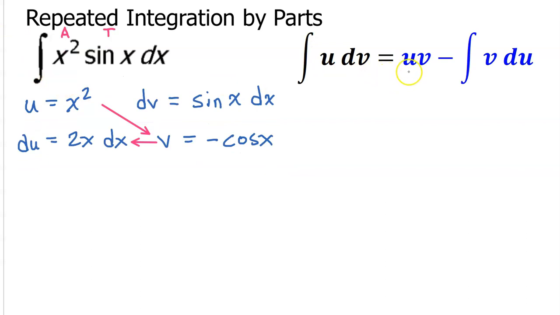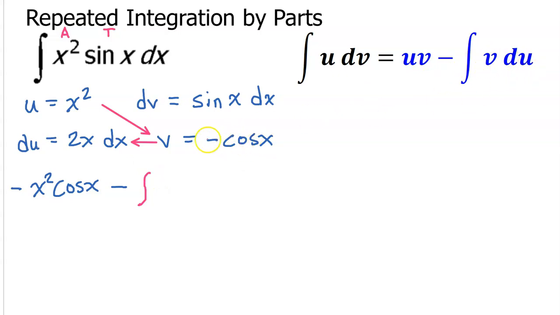Now it's time to fill in the right-hand side of the integration by parts formula, following this zigzag pattern. u times v is this times this, so that's negative x squared cosine x. Then we have minus the integral of, and I'm going to switch colors here, v du.